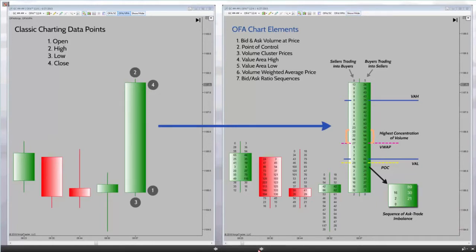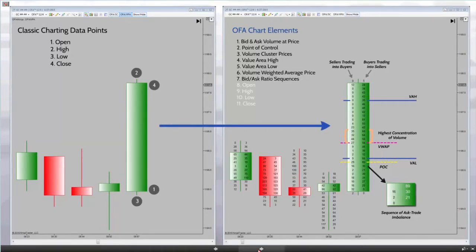So those are the primary elements of an OFA chart period: the bid and ask volume, the point of control, the cluster, the value area, the VWAP, and the print sequence maps. Oh, and we also have the open, high, low, and close. So now that we have some new things to look at, let's go back to the start.